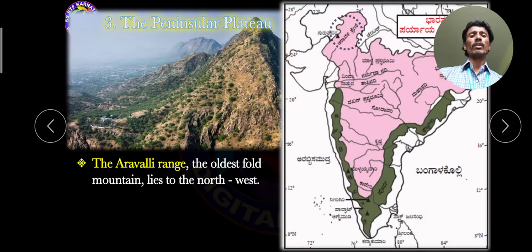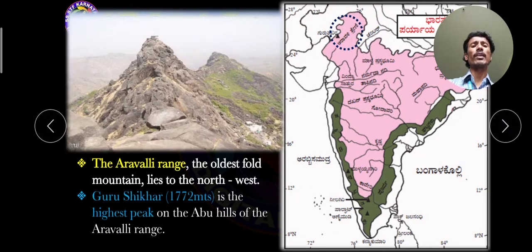First, the Aravali range. It is the oldest fold mountain range, and lies to the northwest. Another one is Guru Shikhar, the highest peak on the Abu hills of the Aravali range.